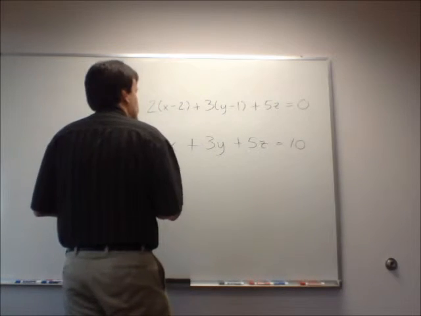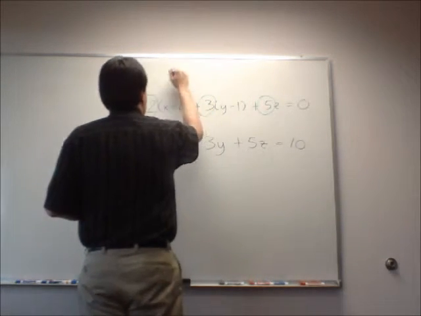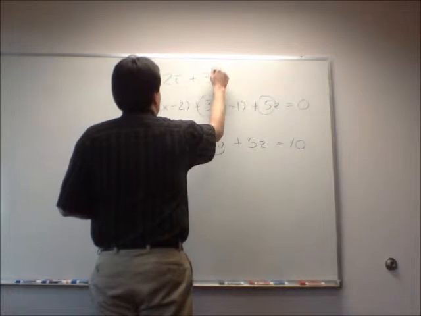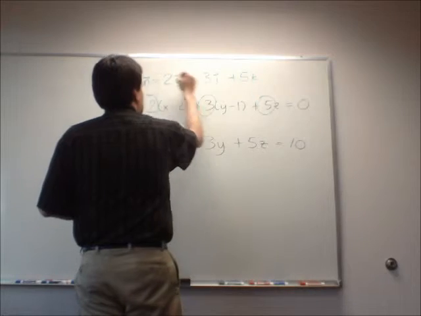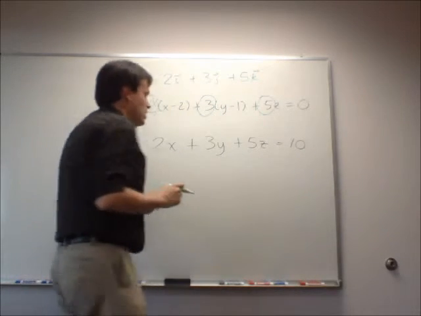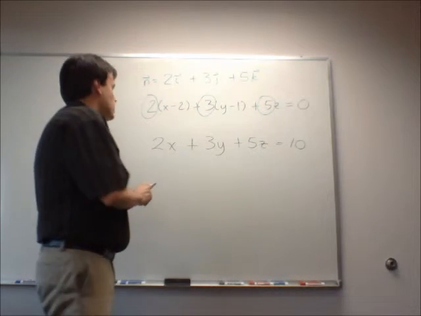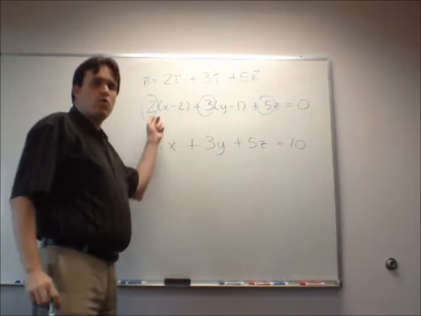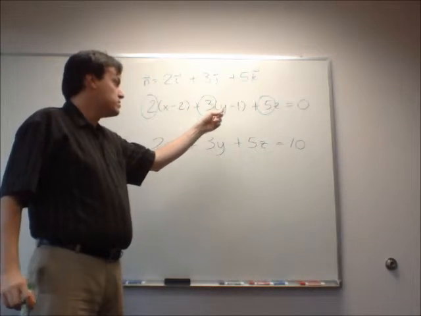In this first equation, we can immediately tell that the normal vector is 2i + 3j + 5k. That's my normal vector for the first one. But the second plane has the same normal vector. If I were to work out another form for this plane equation here, I could get 2x + 3y + 5z equals some constant.